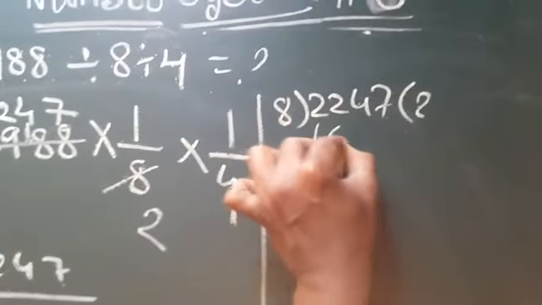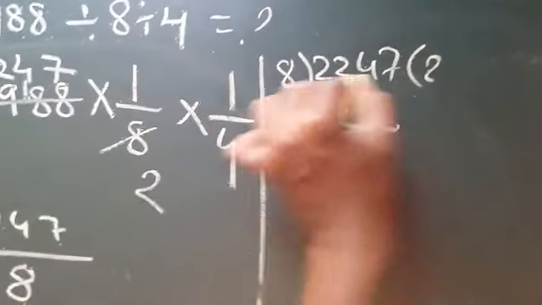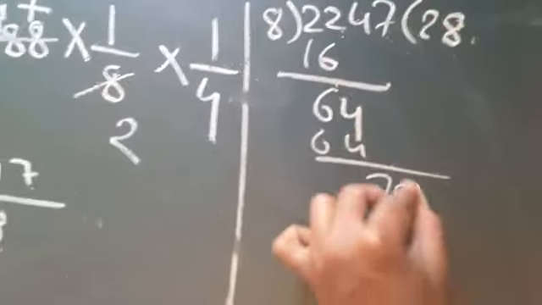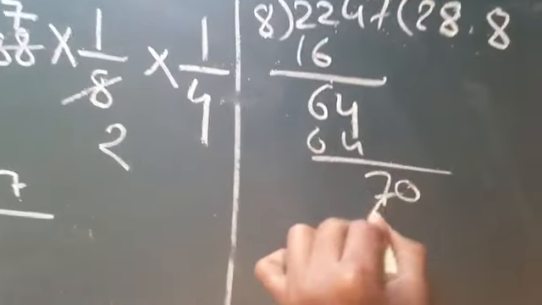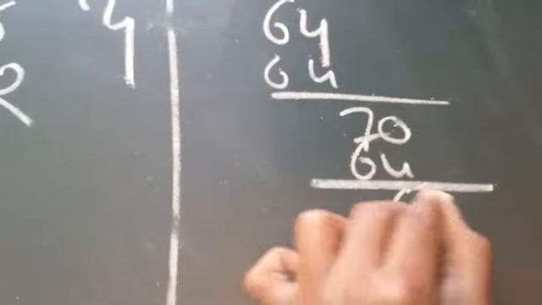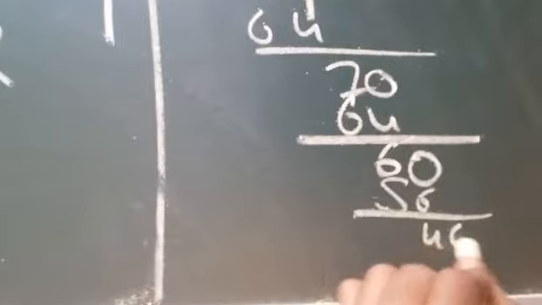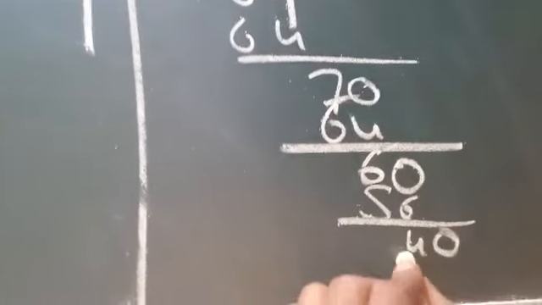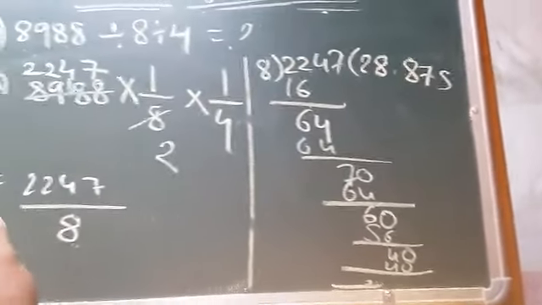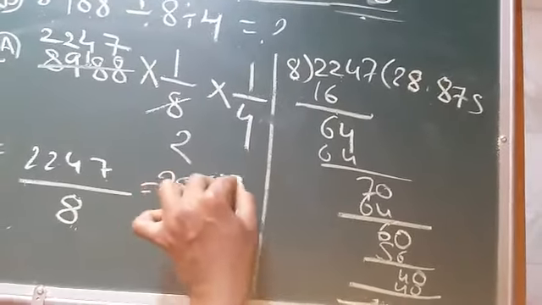8 twos are 16, 22 minus 16 is 6. Bring down 4: 8 eights are 64, remainder 0. Bring down 7, then a decimal point and zero: 8 eights are 64, remainder 6, 0 again. 8 sevens are 56, remainder 4, 0. 8 fives are 40. So the final answer for this question is 28.875.